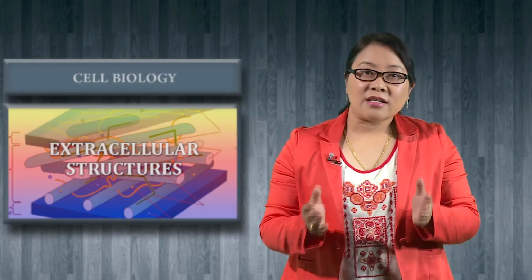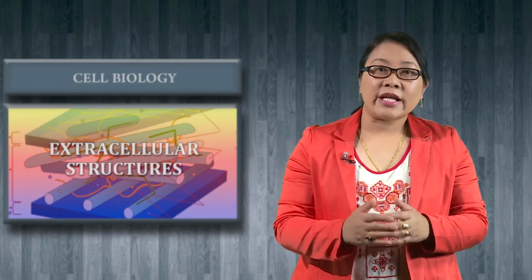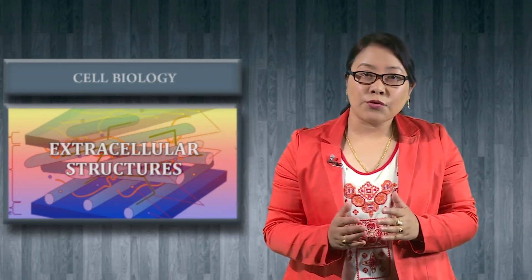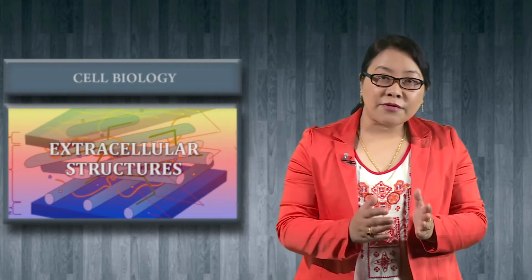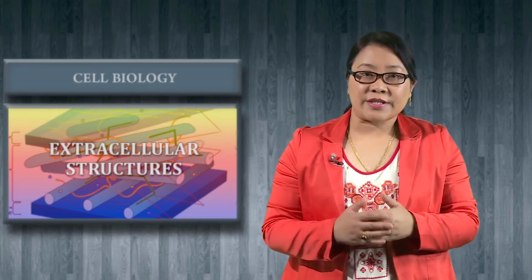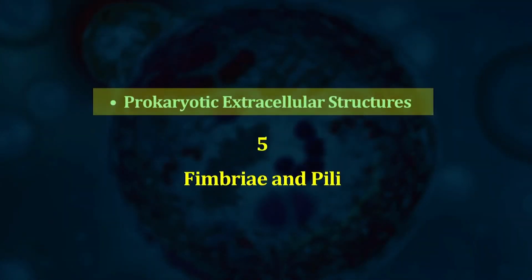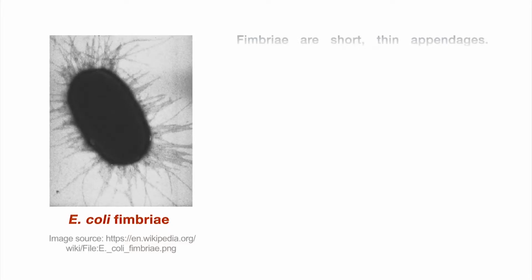Axial filaments are similar to flagella except that they wrap around the cell. Spiral cells that move by means of an axial filament or endoflagellum are called spirochetes. Next are the fimbriae and pili. Fimbriae are short, thin appendages.